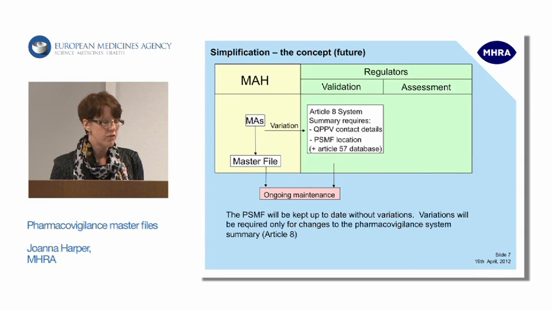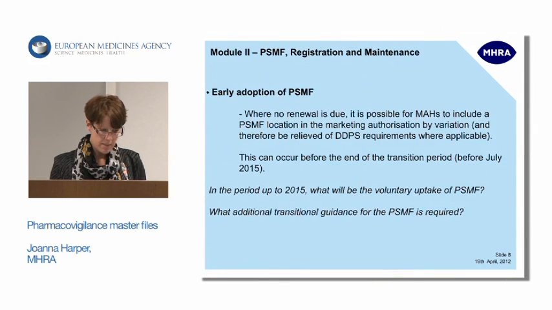That gets us away from versions of effectively the same document being submitted at different times. There's also further simplification because the Article 57 database is an opportunity for that information to be provided and maintained electronically. So that should help things in a practical sense too. If I can have the next slide, please.